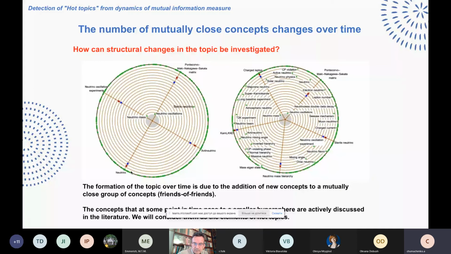And exactly new links can be said that this old position and new position have changed, and in some sense we say that a new link has appeared, because we can cut these small links before and say that some concept appeared outside this hypersphere, and after some time it enters this hypersphere. It means that links get stronger than a certain threshold, and this is exactly what you say, that we have a new link in a group of topics, and we can say that this new link may be an indication that something new appeared.